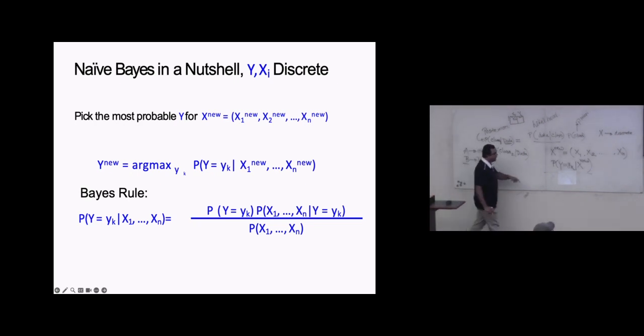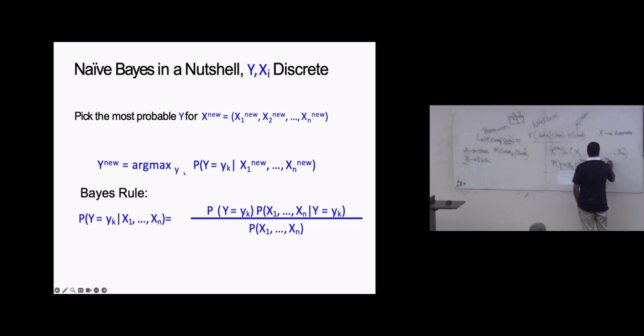This is what we need to figure out. For all k different values of y, what are the probabilities? And then find out which one is highest. That one is the most likely label for this data point. If we apply Bayes' theorem, we basically flip the problem.